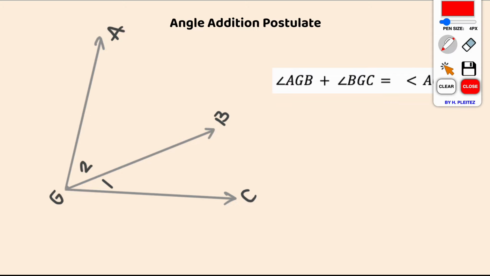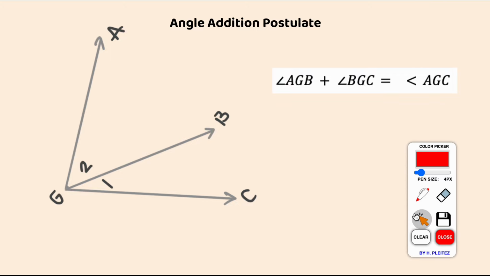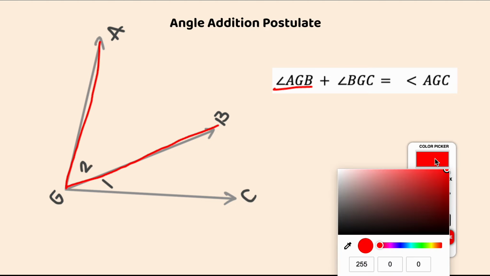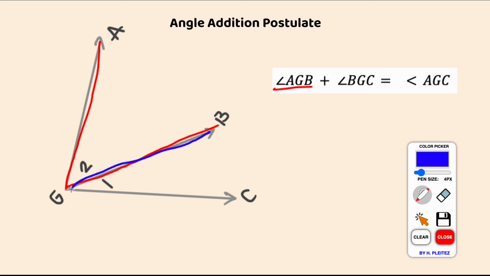In this case, if we take angle AGB, and then add on angle BGC, then what we get is the value of the entire angle, right? It makes sense. You take two smaller angles and add them up to get the entire value of the big one. Maybe we can highlight AGC in green, that's the entire angle here.